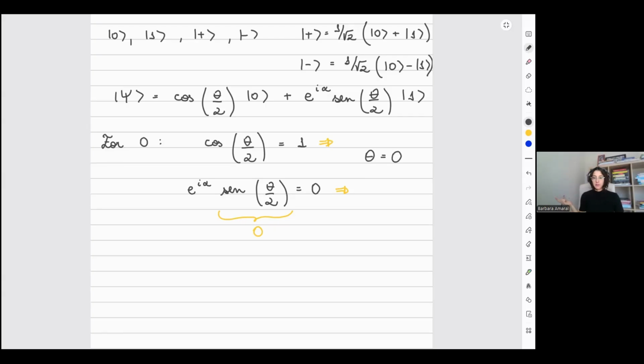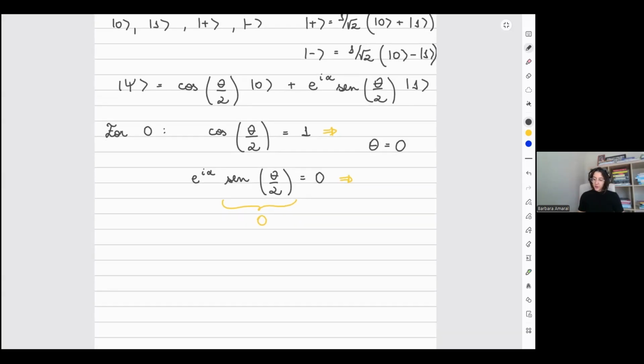Phi could be anything, but that's not going to change the point in the spherical coordinates.